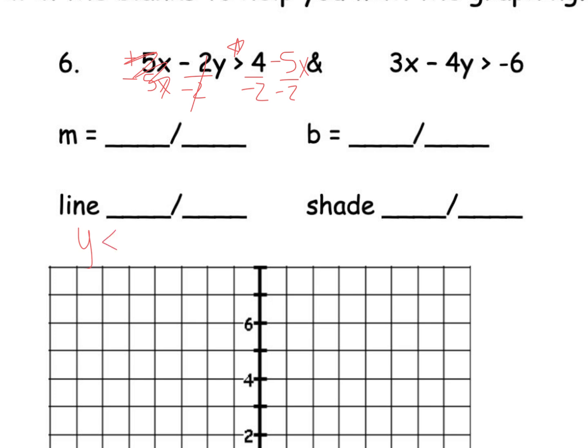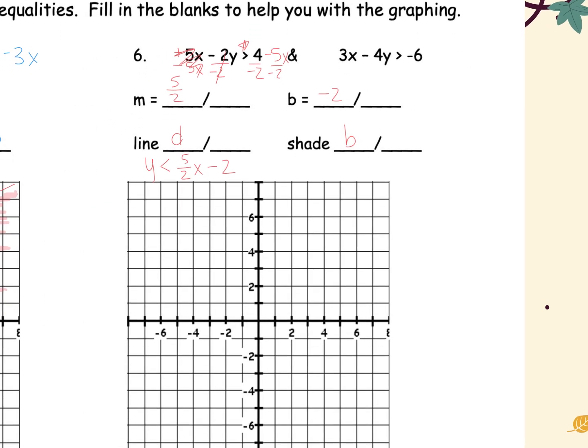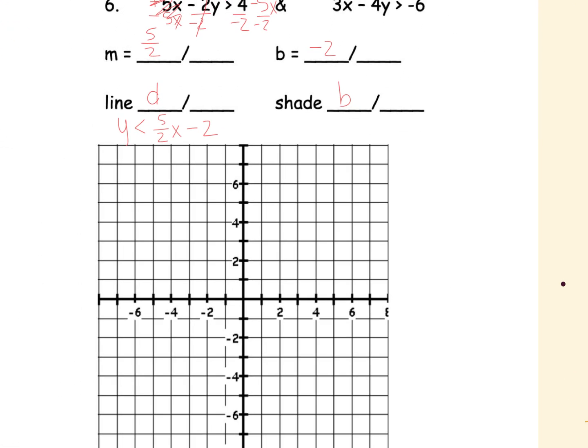Negative 5 divided by negative 2 is a positive 5 over 2x, and 4 divided by negative 2 is negative 2. So my y-intercept is negative 2, my slope is 5 over 2. It is a less than, so that's going to be dotted and below on my shading. So when I come to my graph, here's my negative 2, slope rise 5, run 2.